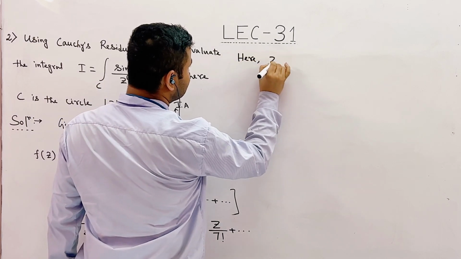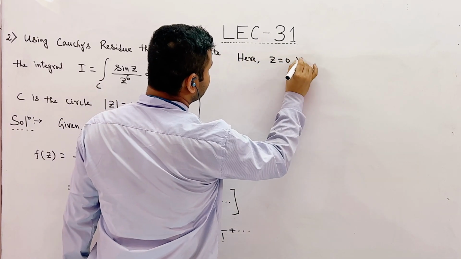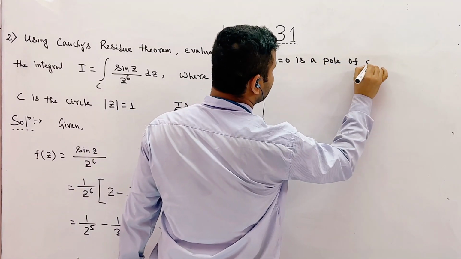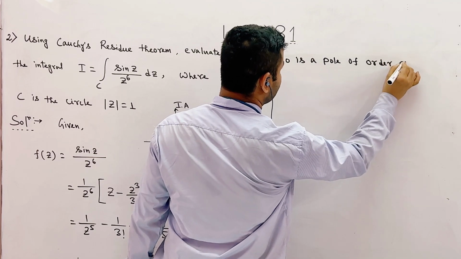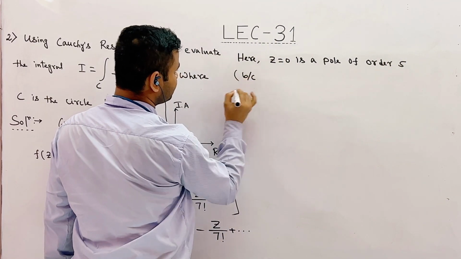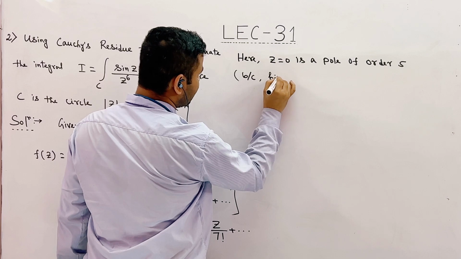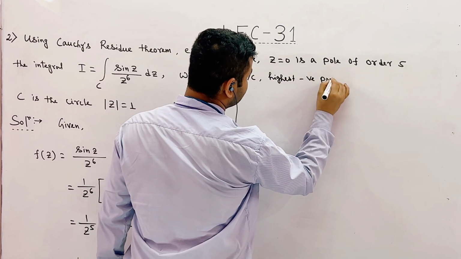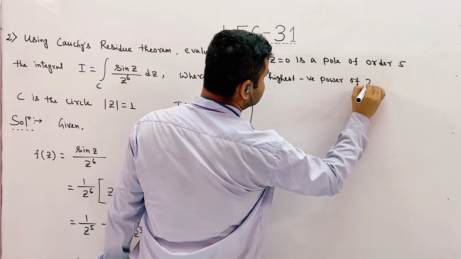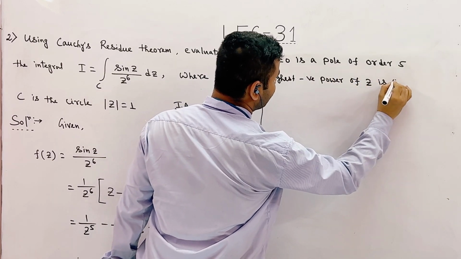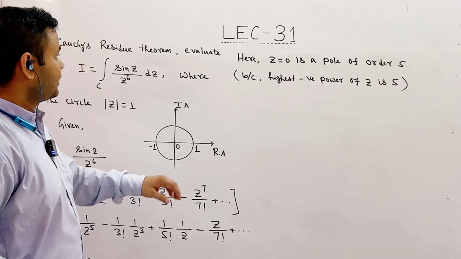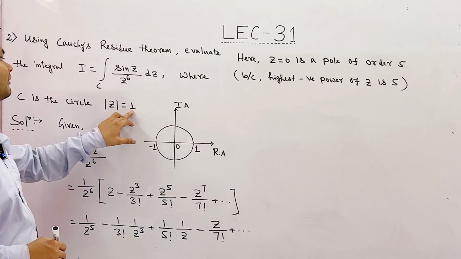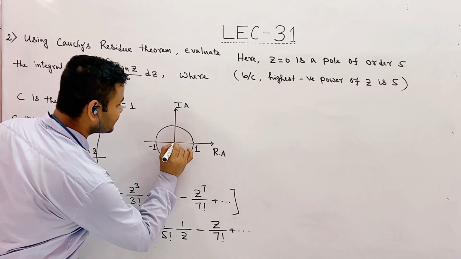Here z equal to 0 is a pole of order 5 because highest negative power of z is 5, and the pole at z equal to 0 lies inside the given circle whose radius is 1 and center at z equal to 0.